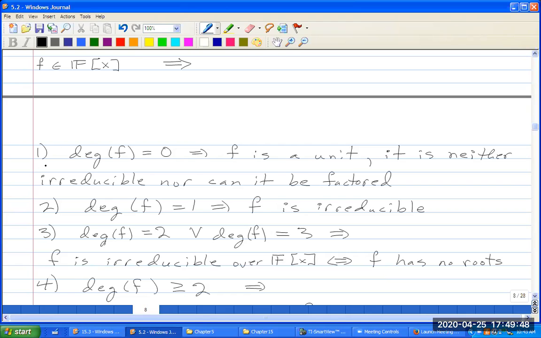I changed it. Okay, so if the degree of f is equal to 1, then f is irreducible. It's of the form x minus 3 or something. It's x minus r. So it's an irreducible polynomial. If you had something like 2x minus 4, you could write it as 2 times x minus 2, but the 2 is a unit.